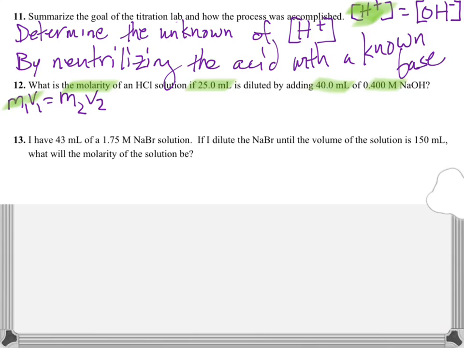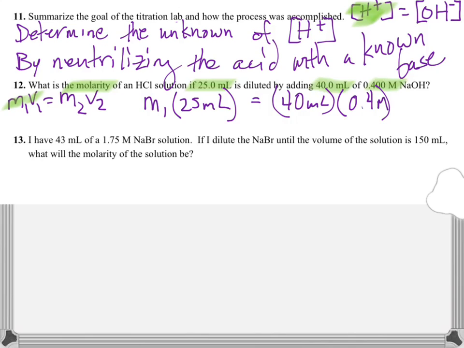Okay, so they're saying, what is the molarity? In other words, M1 is what we're solving for, of a hydrochloric solution if 25 milliliters of it is diluted by adding 40 milliliters, and this is actually going to be our V2, but I'm going to put it first, times the concentration of that base, which is 0.4 molar. So in order to get M1 by itself, we're going to divide both sides by 25 milliliters.